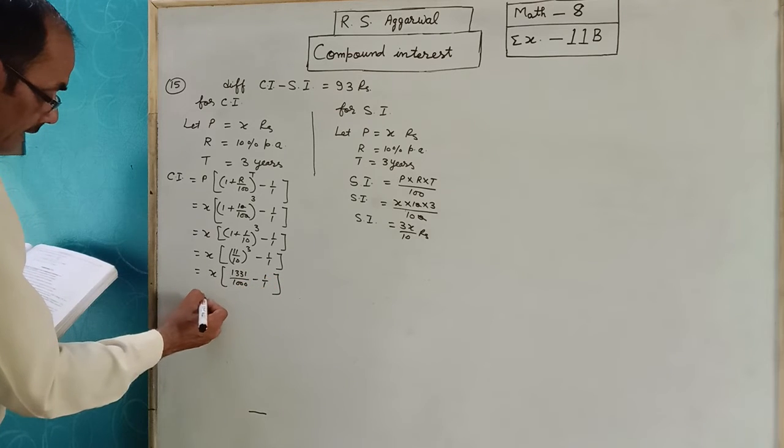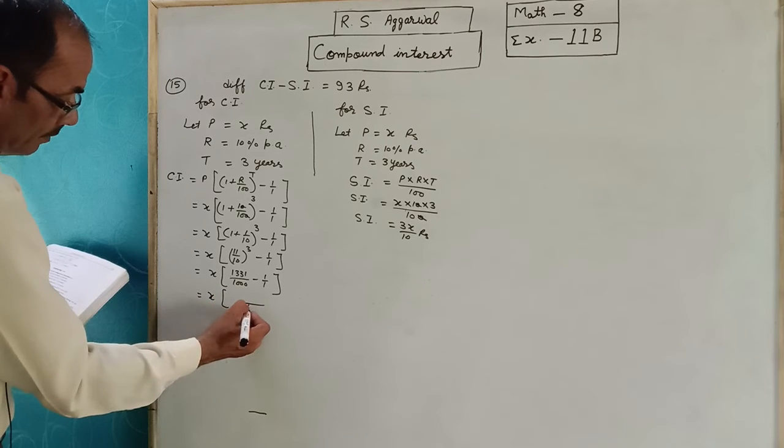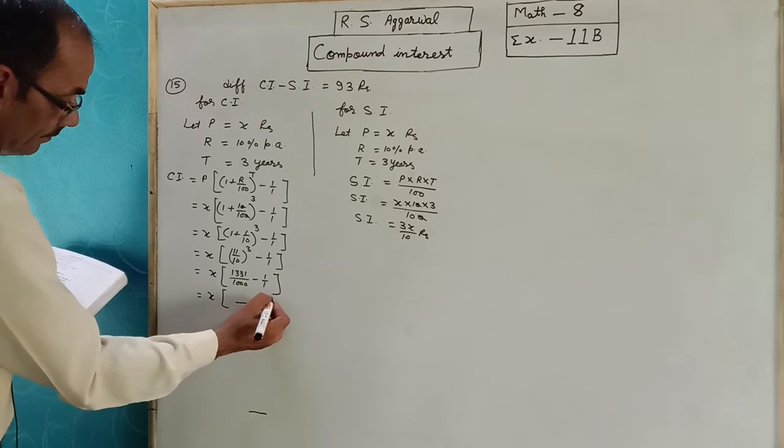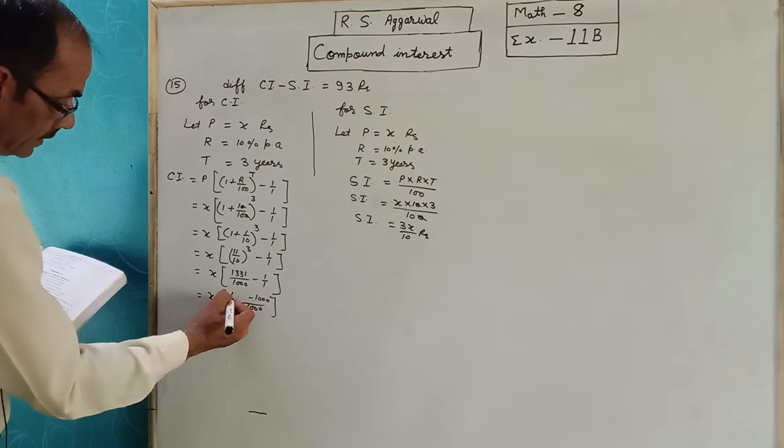Now take the LCM. LCM will be 1000. 1331 minus 1000.